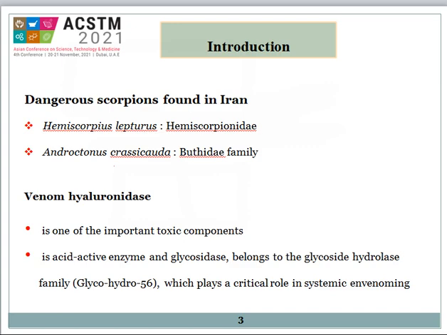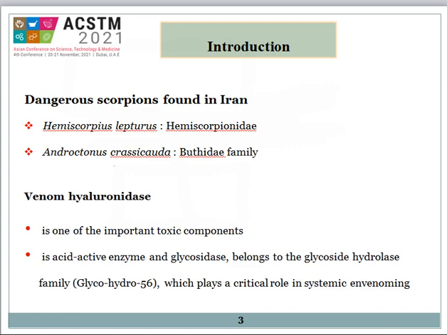The venom hyaluronidase is one of the important toxic components contributing to local and systemic symptoms, such as severe and fatal anaphylactic reactions following envenomation.